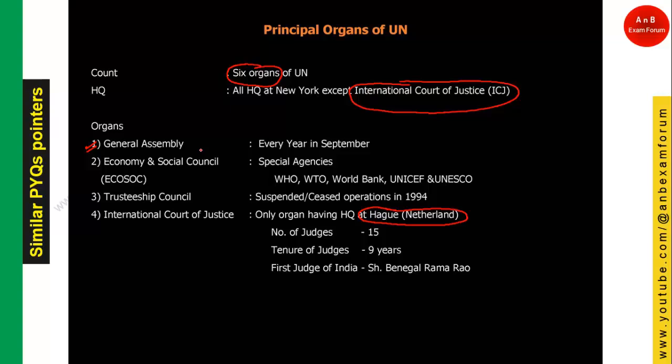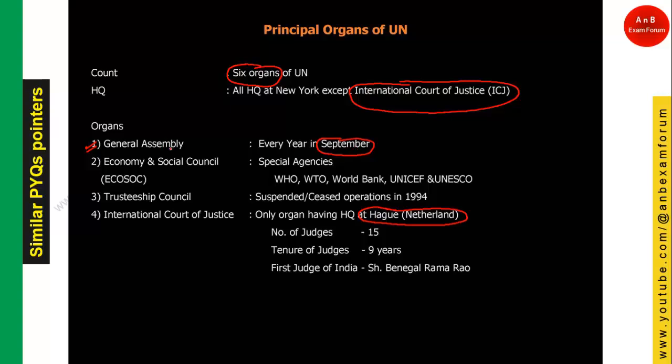It is just like a parliament where all the member countries discuss their issues. Remember that it happens every year in the month of September. We have seen the question, in which month is the General Assembly of the United Nations conducted? The answer would be September.